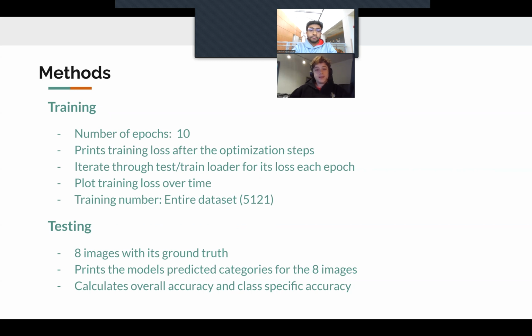And we ended up using the entirety of the initial training data set to achieve our results. For the testing section, we ended up outputting 8 images along with their ground truth just as a baseline. And then we outputted the results that the algorithm predicted, and with those, we ended up calculating the accuracy of each class prediction.